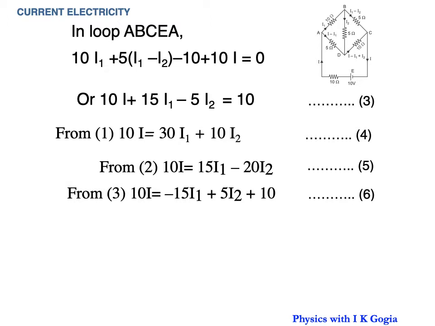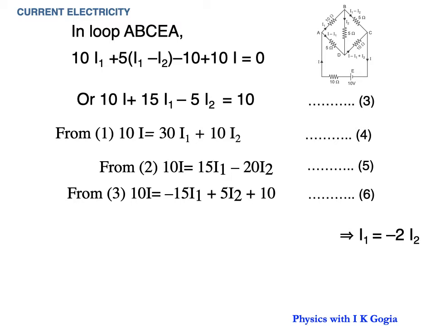Equation 1 leads you to 10I equal to 30I1 plus 10I2. Second equation gives you 10I equal to 15I1 minus 20I2. And third equation gives you 10I equal to minus 15I1 plus 5I2 plus 10.